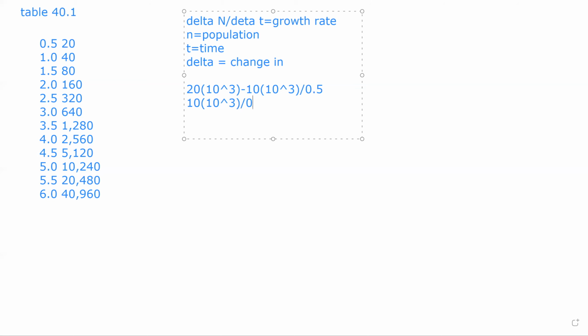And that's still going to be over 0.5. And then we can simplify that to a whole number, and that gives us 20,000. And if we're putting that back in the format of using the factor of times 10 to the 3, that is 20 times 10 to the 3. So that's what goes in the first line in the chart there, growth rate for the half-hour time.